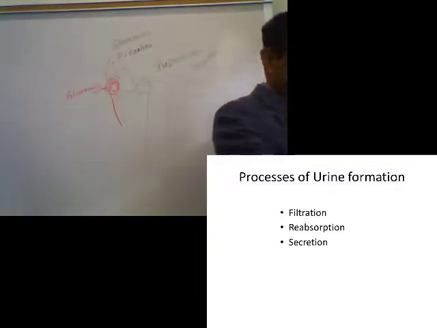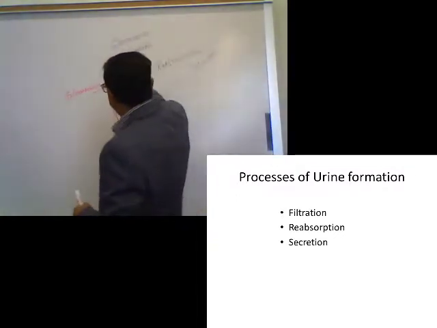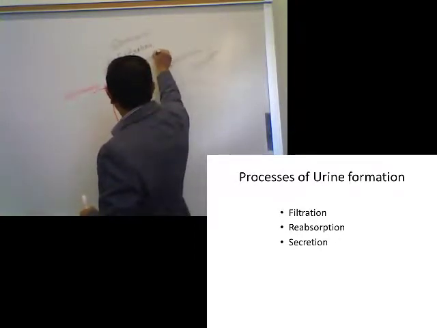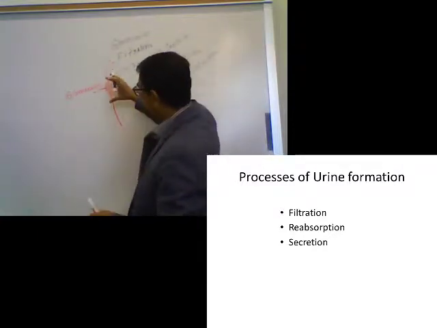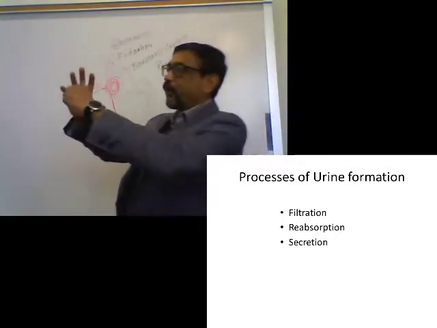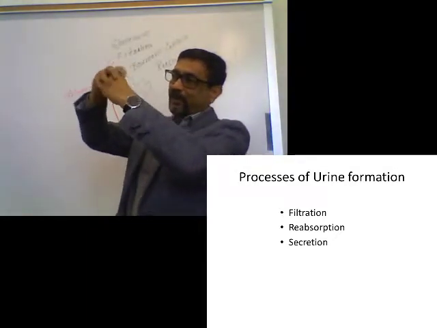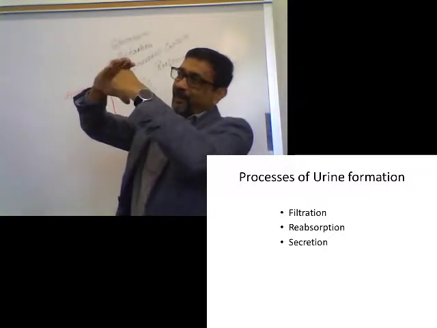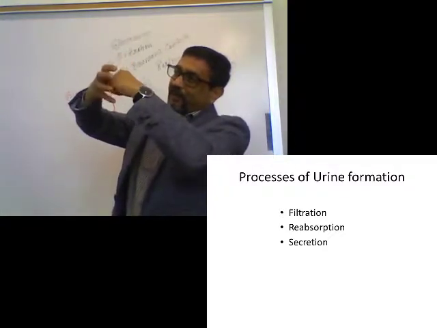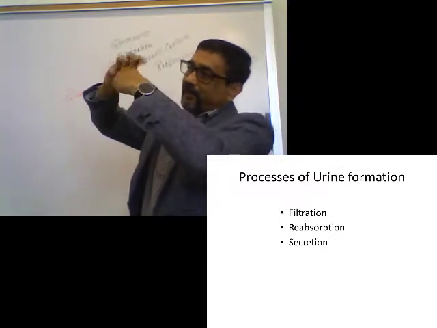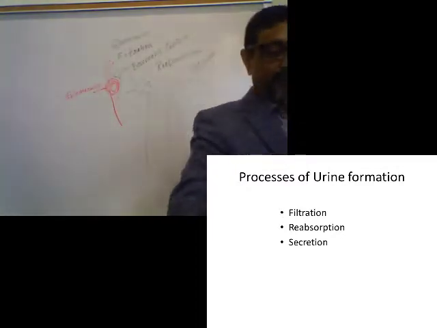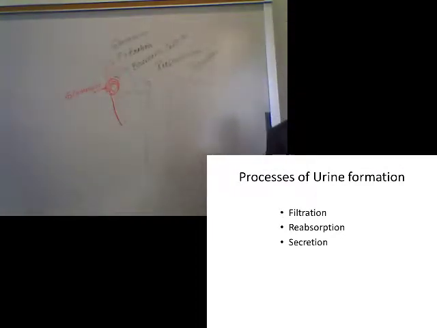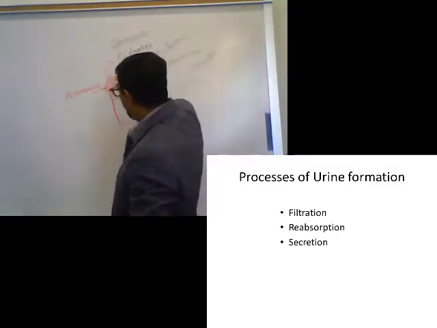And this is called the Bowman's capsule, also called glomerular capsule, that covers the glomerulus. You see the ball or tuft of capillary, and the Bowman's capsule is like a cup that covers the glomerulus.